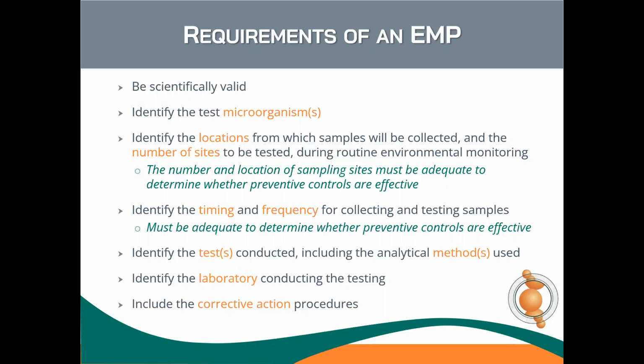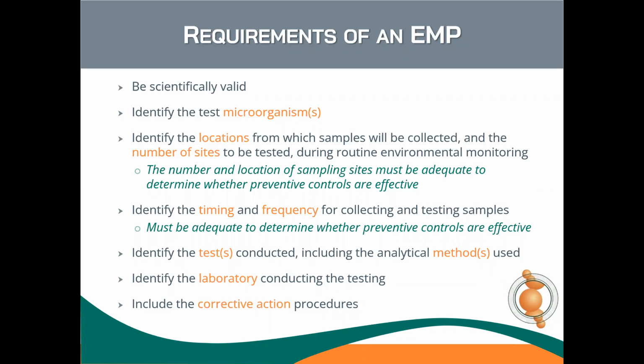It must be scientifically valid. And then it also needs to identify those microorganisms, or if you choose just one microorganism that you're going to test for. You also need to identify specific locations from which samples will be collected and the number of sites that are to be tested during routine environmental monitoring program.